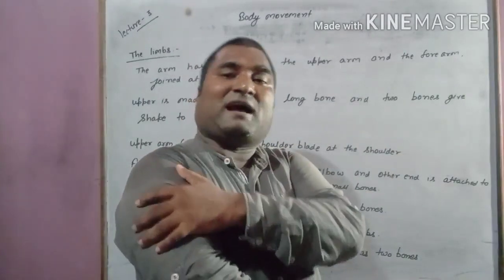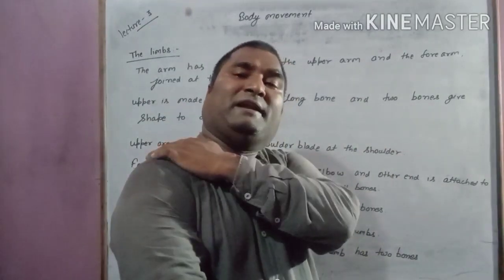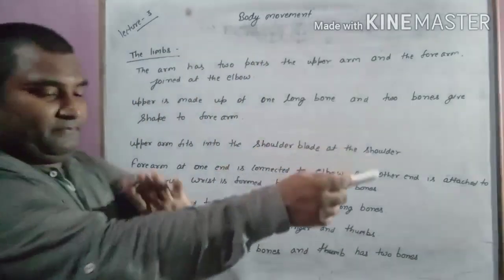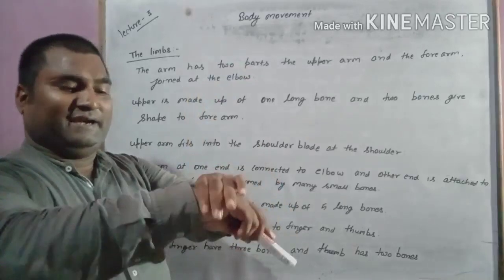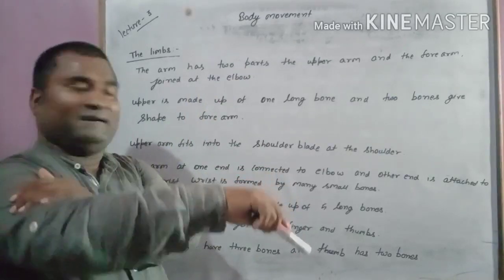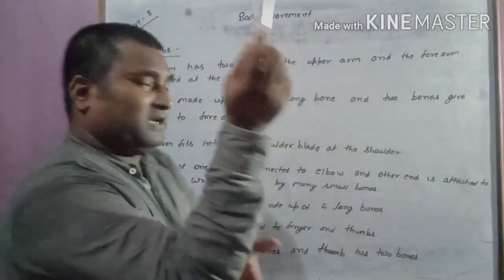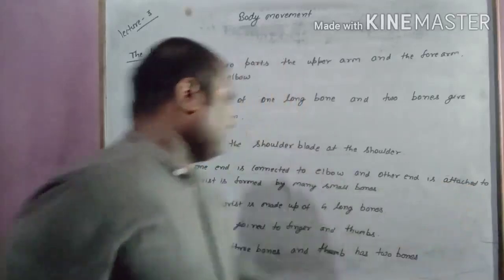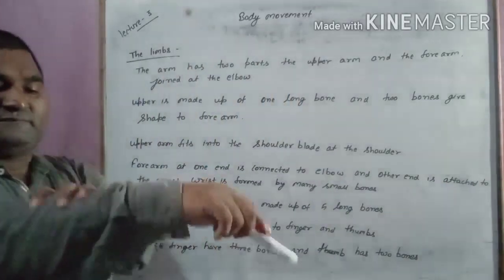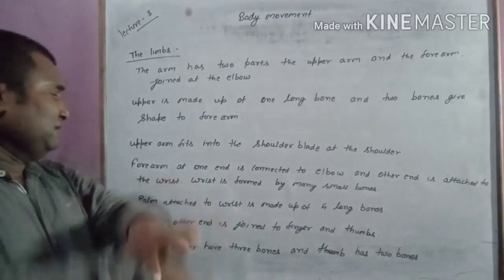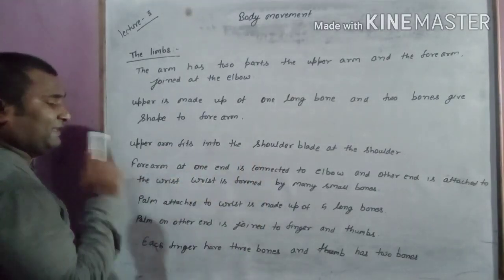The forearm at one end is connected to the elbow, and the other end is attached to the wrist.